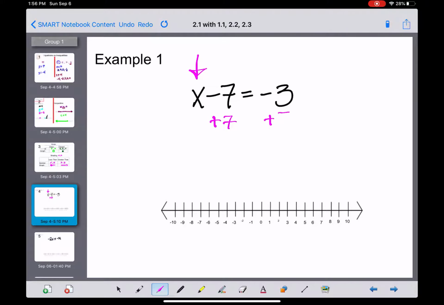I will balance my equation by adding 7 to both sides, and I have x is equal to 4. Because there is an equal sign, I'm going to have a closed circle, and since it's an equal sign, there's only one solution. I will represent one solution with one dot on 4.